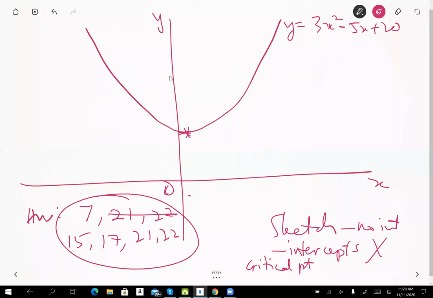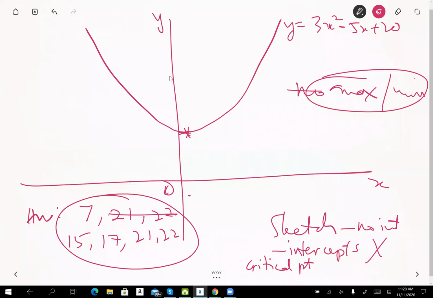Now, when you draw this graph, you recognize some points that are a maximum or minimum. We will continue from here next class, to conclude whether the critical point is a maximum or minimum.